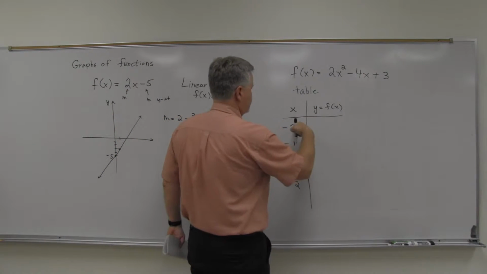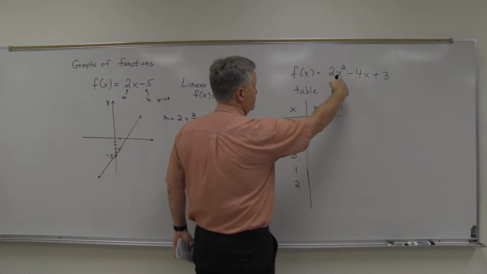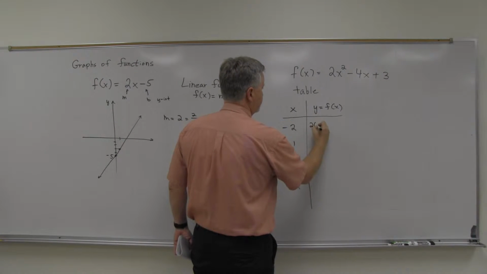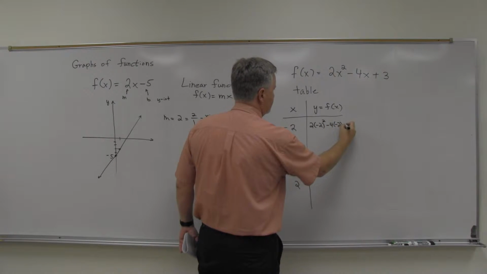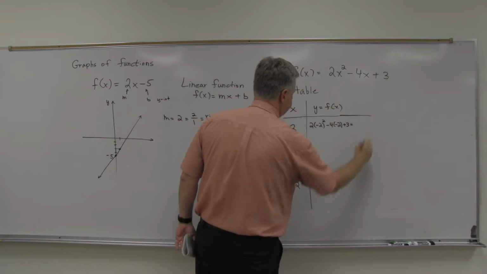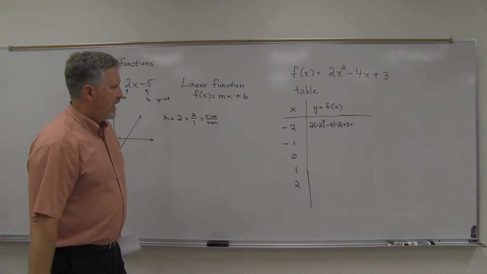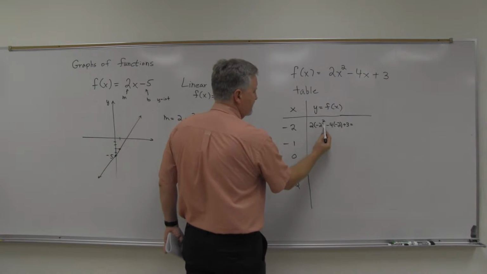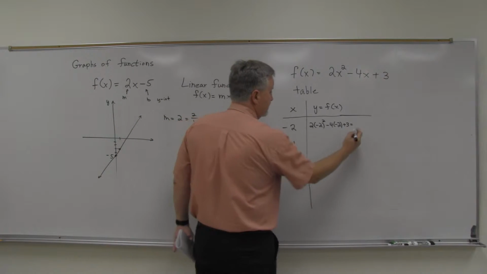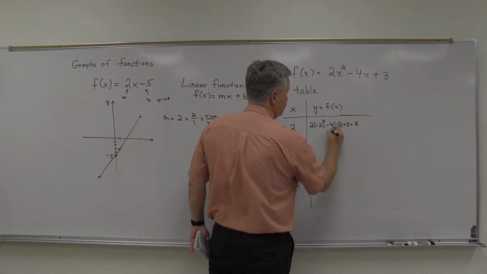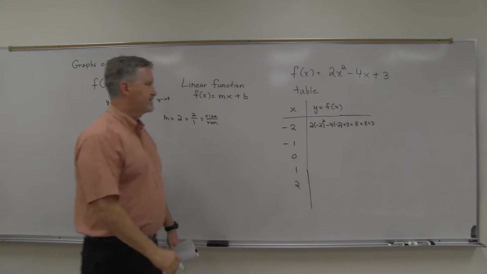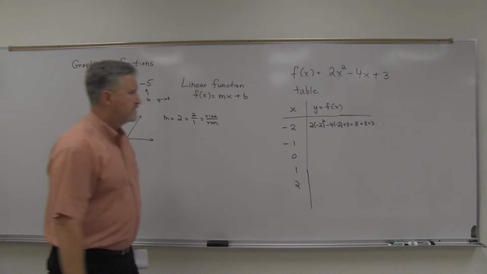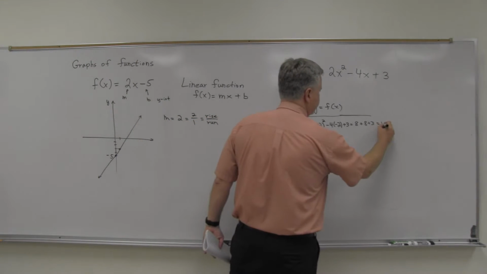This says I need x to be -2, so I'm going to plug in -2 and see what I get. I square that, that's +4, 2 times +4 is 8, then +8, and then +3. You just have to be careful with your signs there. That is 19.